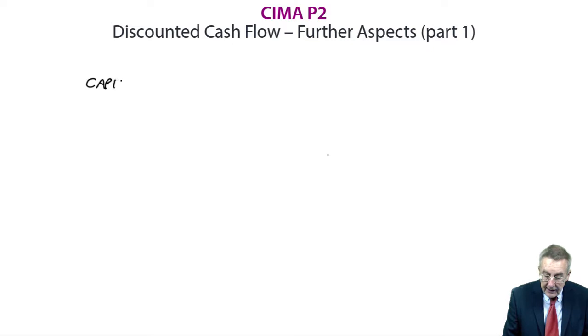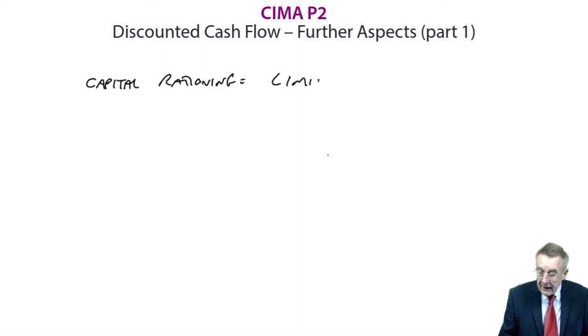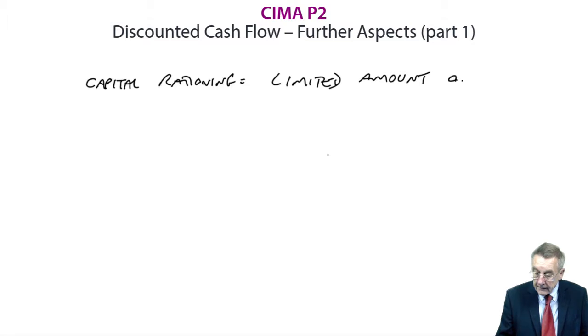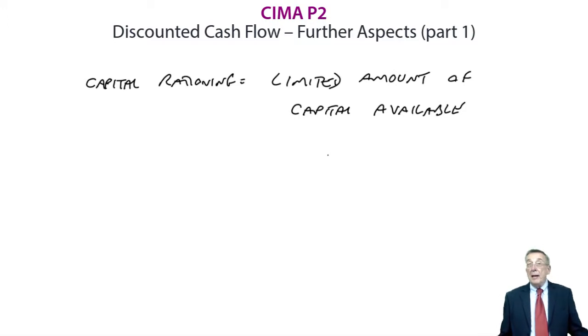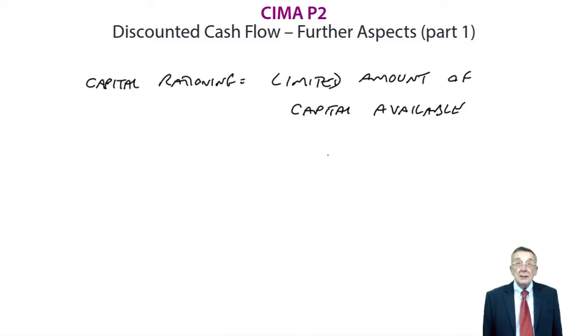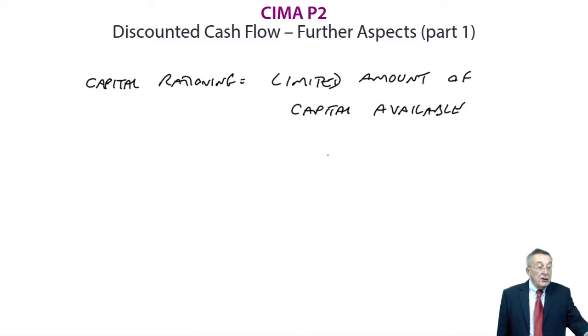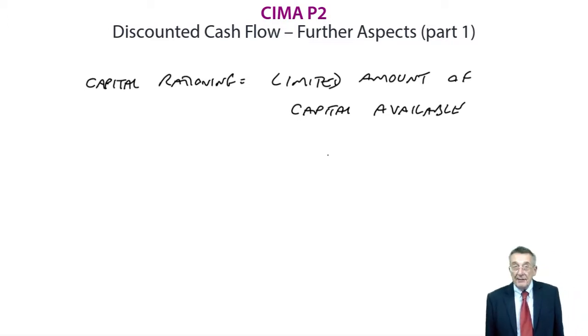Capital rationing simply means for some reason there's a limited amount of capital available. And so part A, where there was no limit to get as much capital as we want, I repeat, you will do all 4 projects because they're all positive.